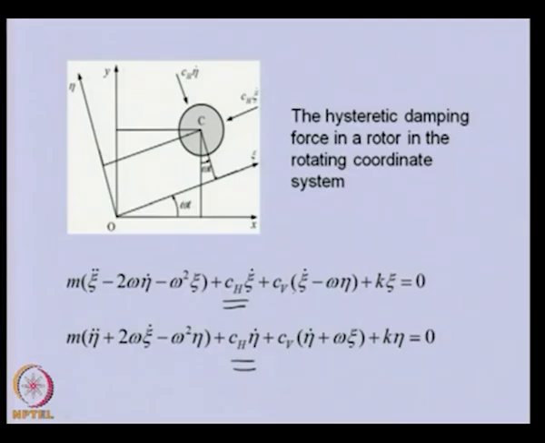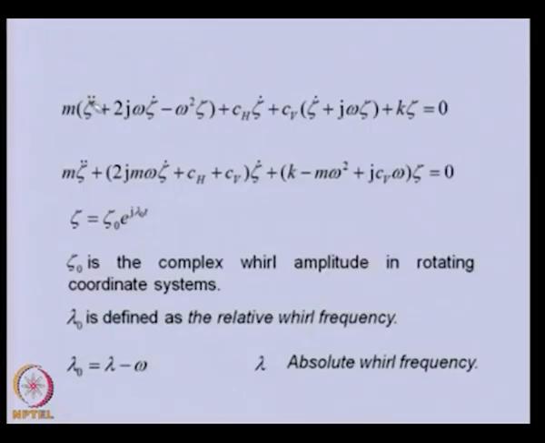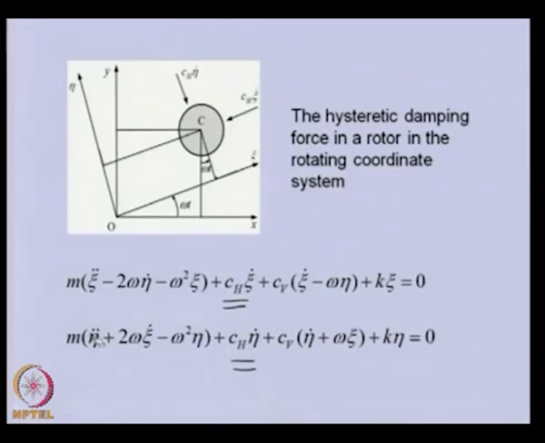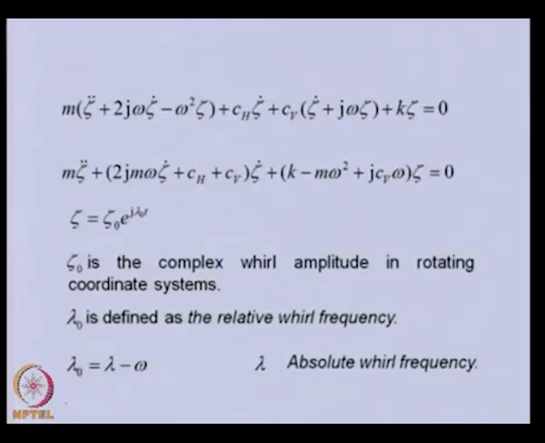So again we will combine these two equations. That means the second equation will be multiplied by j and added to the first equation. So again we can get the equation of motion in the rotating complex coordinate system, that is zeta, and all other terms are similar, only the additional term you can see is coming due to the hysteretic damping.